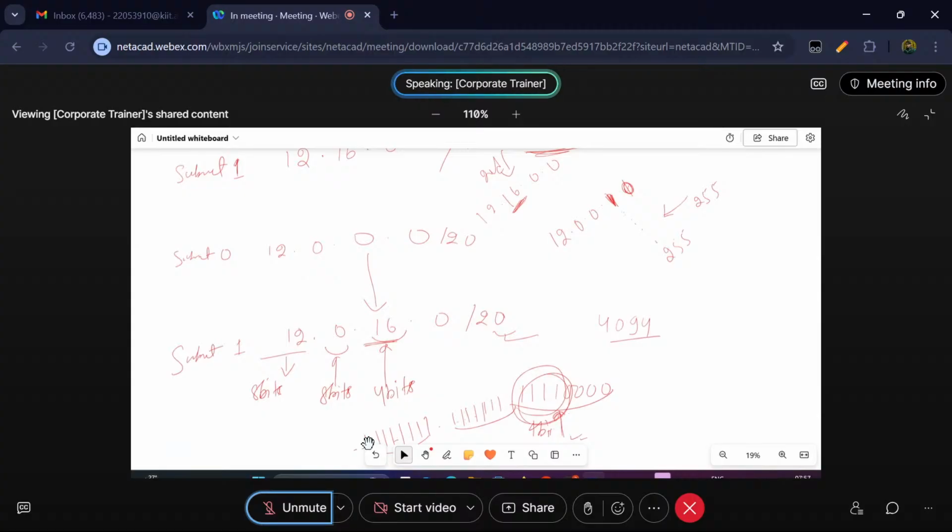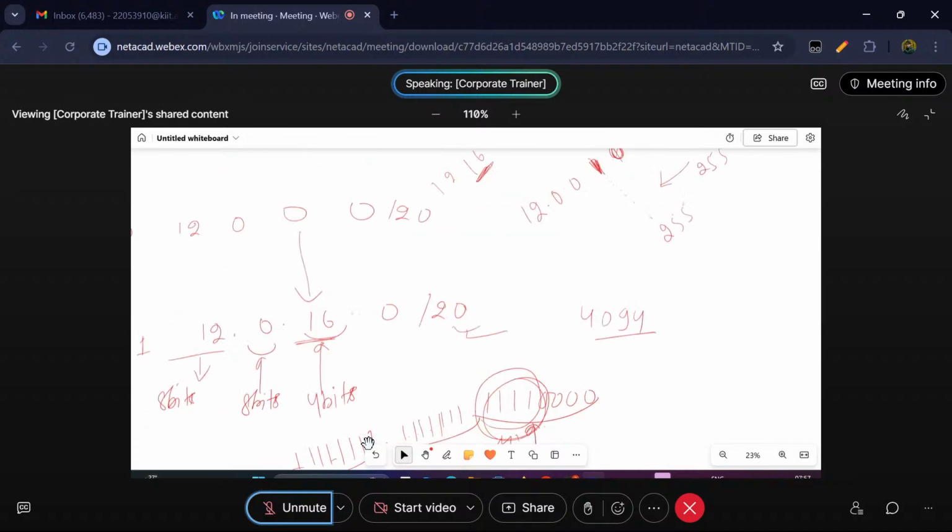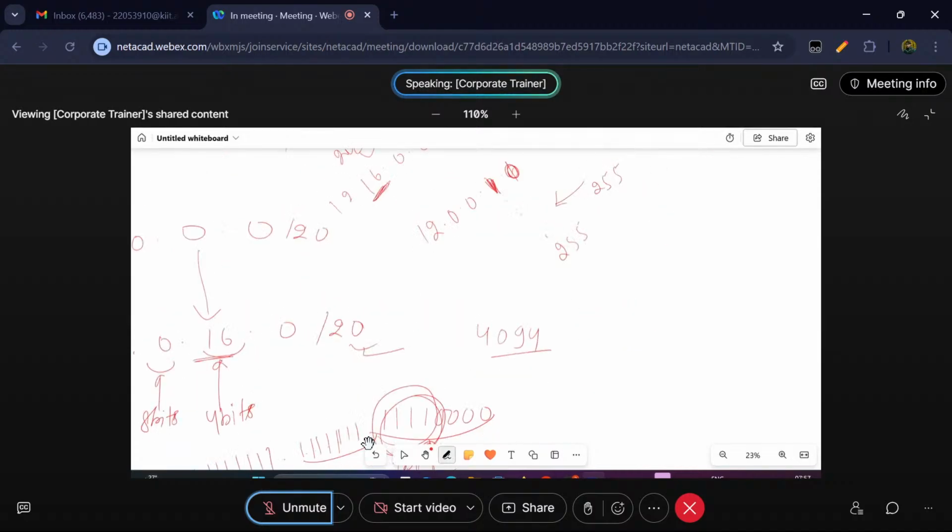Now just see, when you start with the second value, it will go 12.0.1.0, then 1.1, 1.2, 1.3. It will go up to 255, yes or no? So here also you'll get how many IPs?